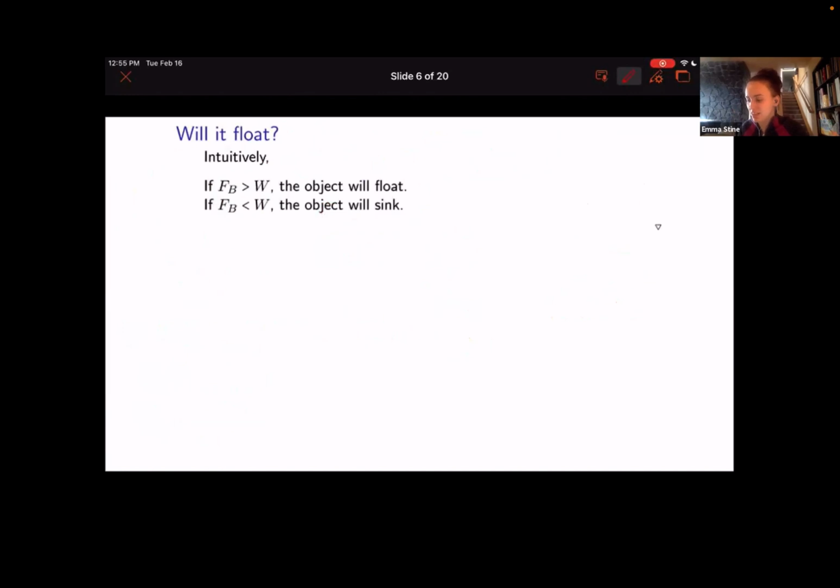Okay, so we're going to do a little write out on if something will float or not. Again, this is super intuitive, but we're just going to write it out. So if we had a box in water and we have our force buoyancy going up and our weight going down, we know intuitively that if force buoyancy is greater than weight, the object's going to float, and if it's less than weight, the object will sink.